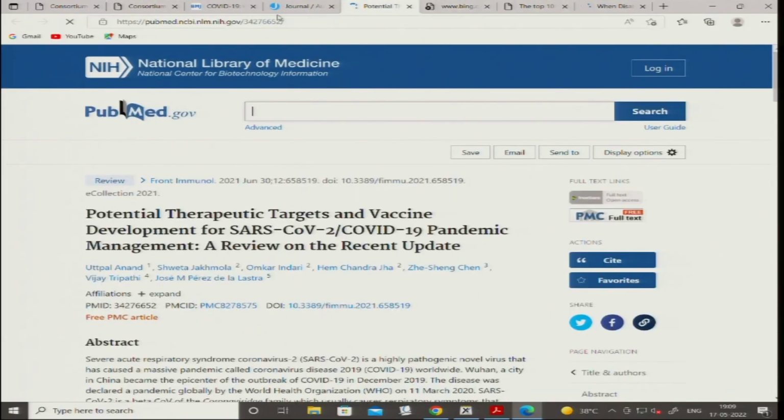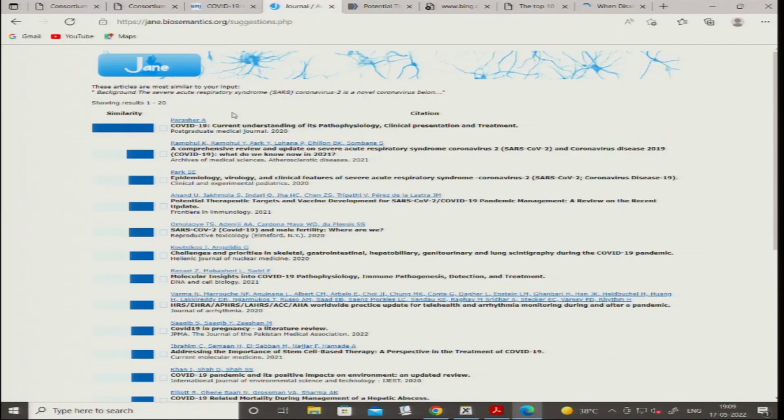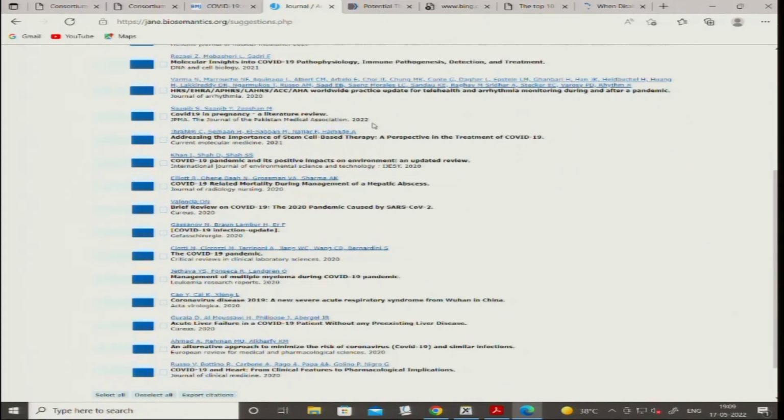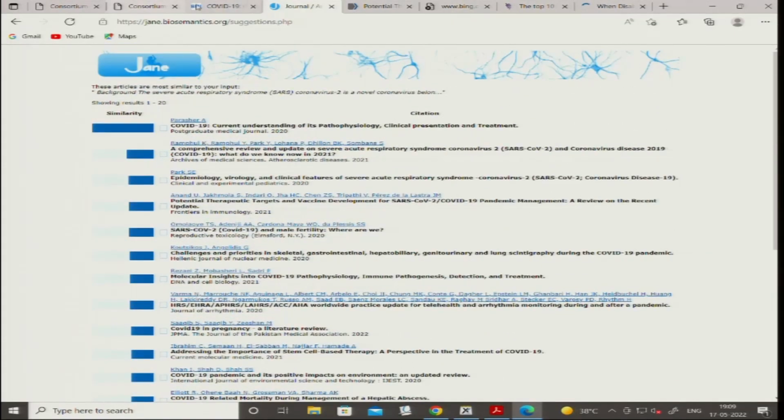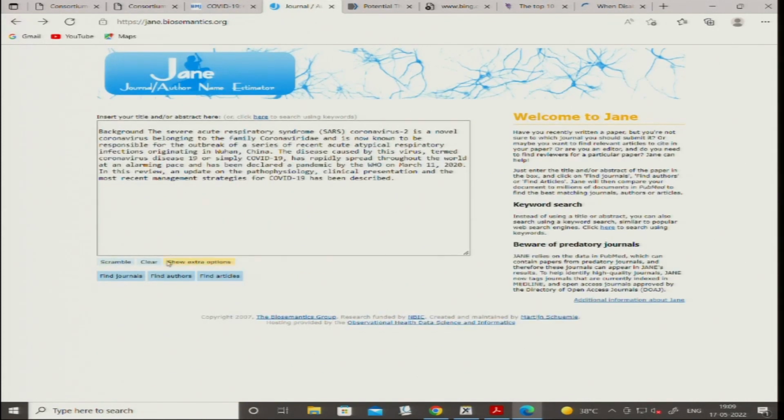So on COVID-19, if we choose the subject COVID-19 and medical ethics, we can have this list ready for all the articles. So the Jane service can be utilized in terms of finding authors, finding journals, and finding articles.